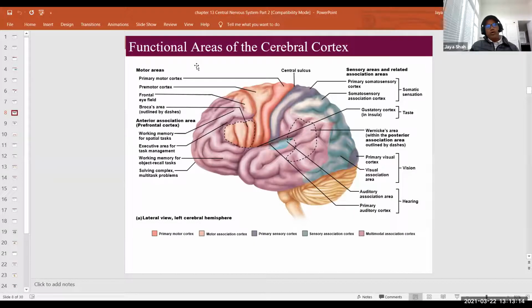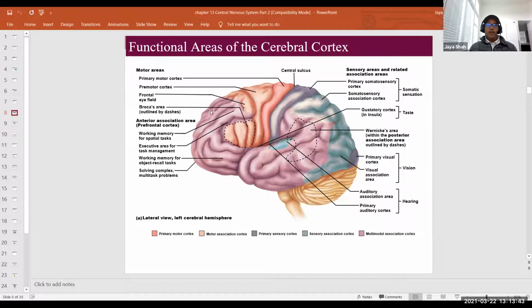So how did scientists find these areas? By taking MRI scans and poking different regions of the brain, asking about different functions, and then finding the areas. That's how we found all these areas. So here, in front of the central sulcus, which is the frontal lobe, most of the motor areas lie.